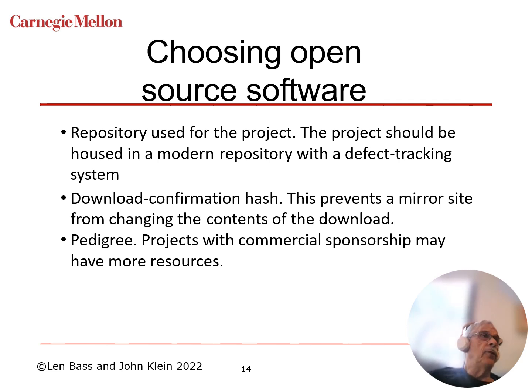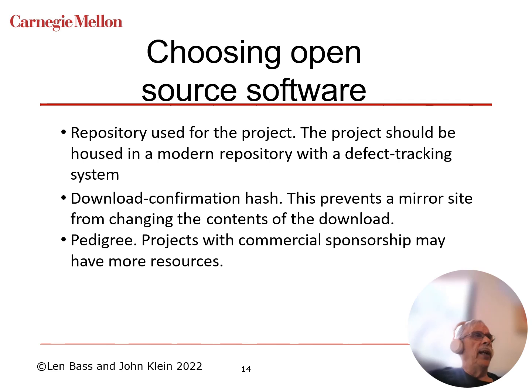Is there a download confirmation hash? Open source software is mirrored at a variety of sites around the globe so that wherever you are downloading it from, there's a site that's relatively close. Well, these mirrors can be attacked.